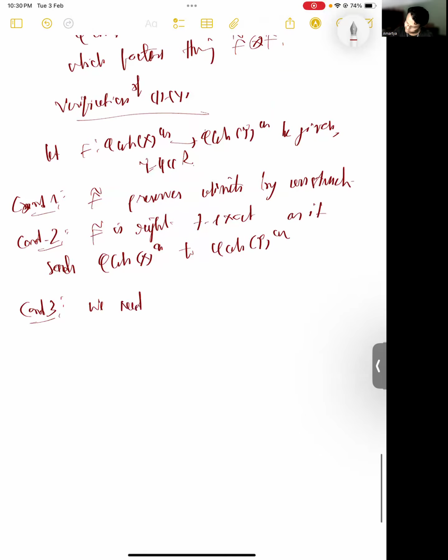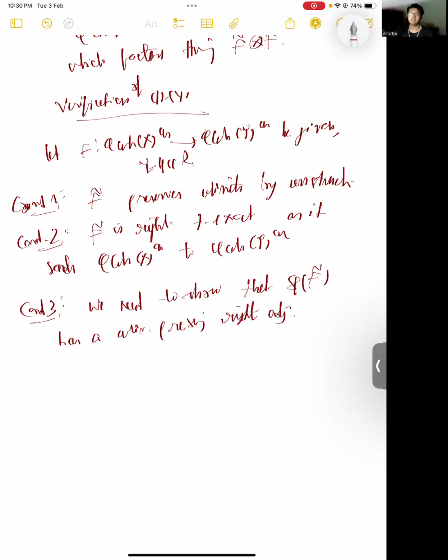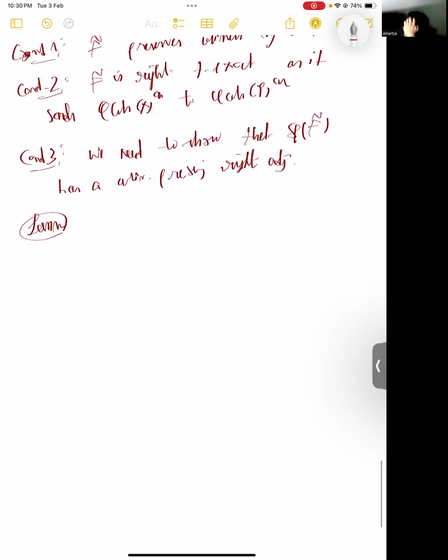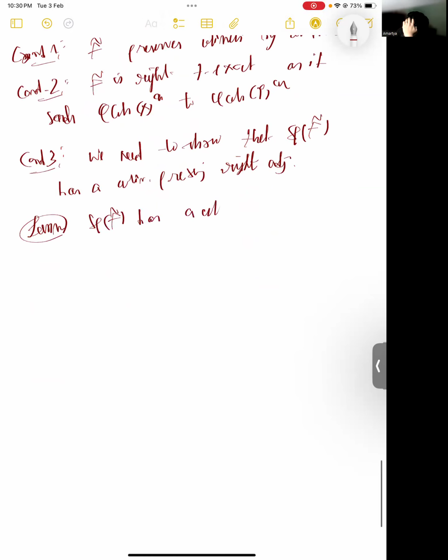We need to show that F tilde has a colimit preserving right adjoint. Right. So let's call this a lemma: F tilde has a colimit preserving right adjoint.